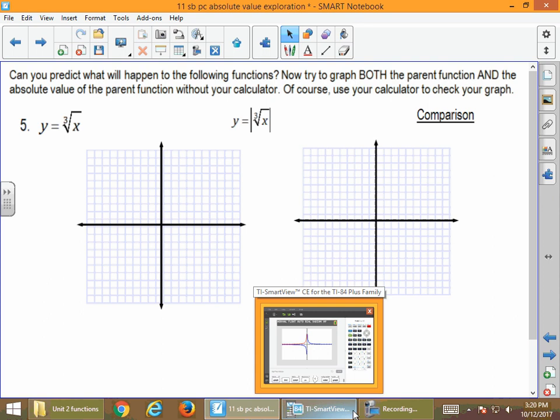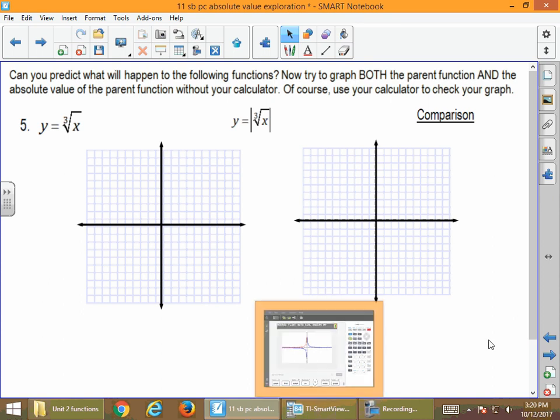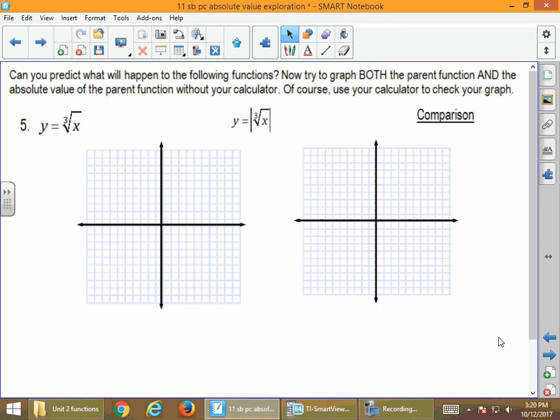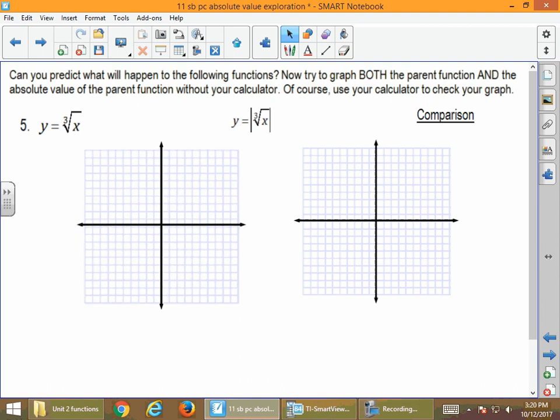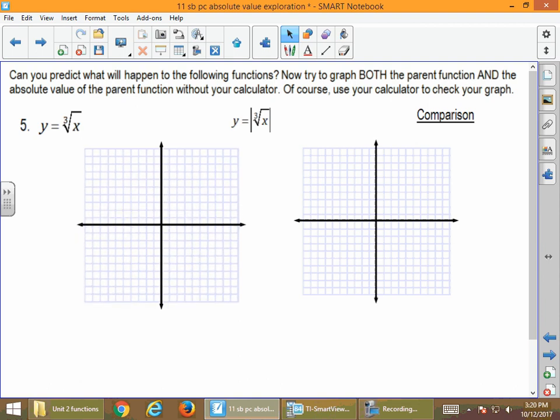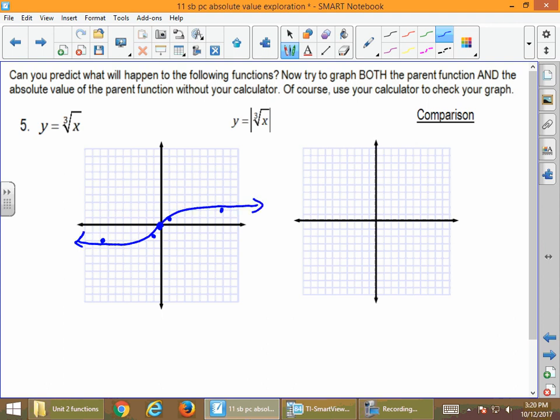And so if we graph y equals the cube root of x, all right, scoot that there. So, you know, 0, 0, 1, 1, 8, 2, negative 1, negative 1, and negative 8, negative 2. There's our parent function.